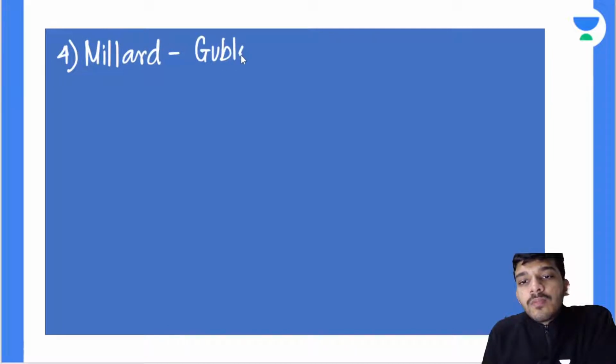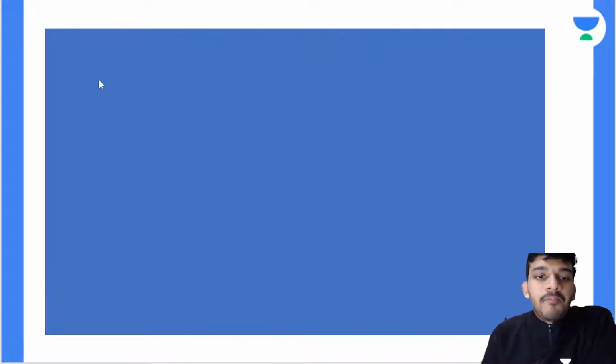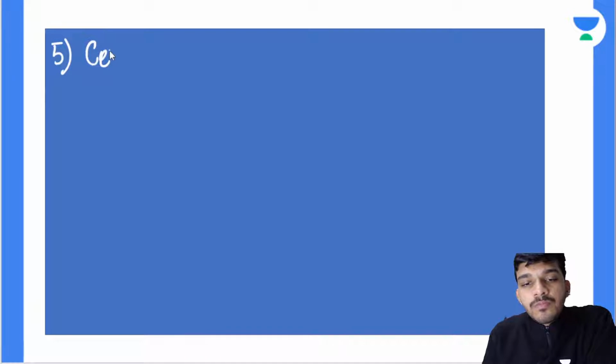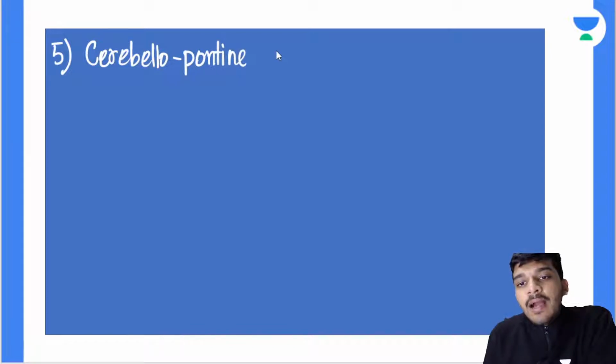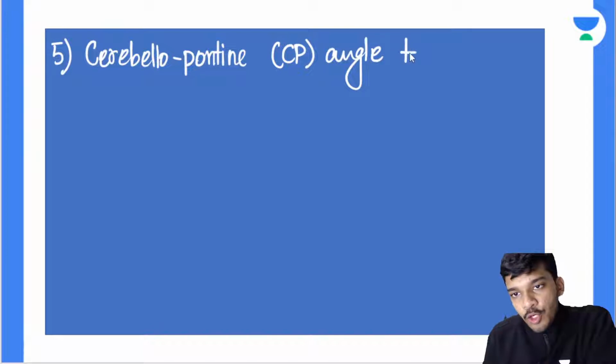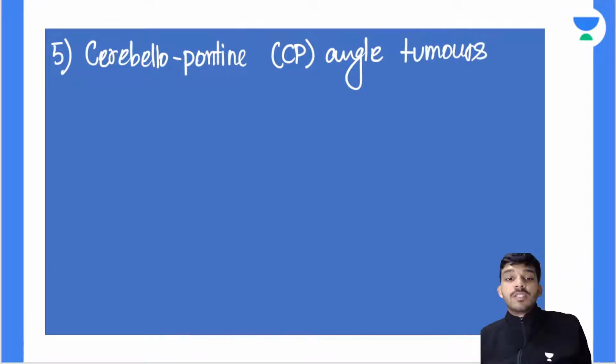The last thing to cover is the cerebellopontine, also called CP angle tumors. These are the lesions of the pons that we have to discuss. 5 lesions.